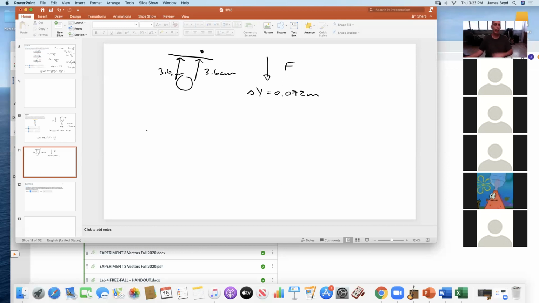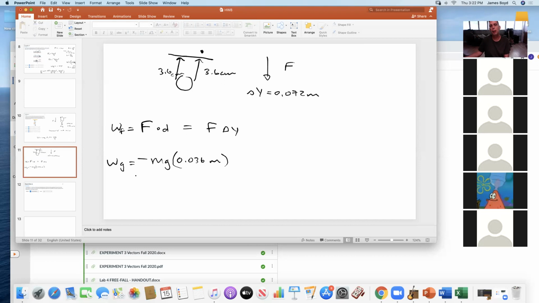Now, here's the weird thing. The work done by the force is F dot D, where D is Y, so F times delta Y. The work done by gravity is mg times 0.036 meters, the height that we raise it up, and it's negative.